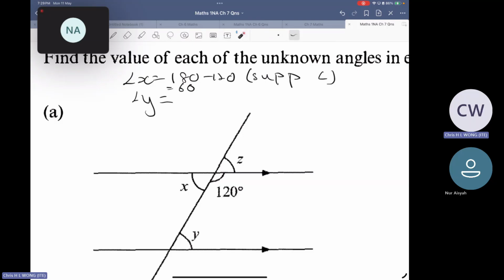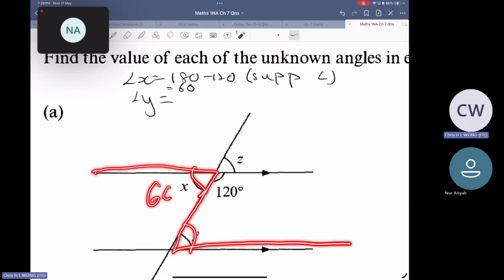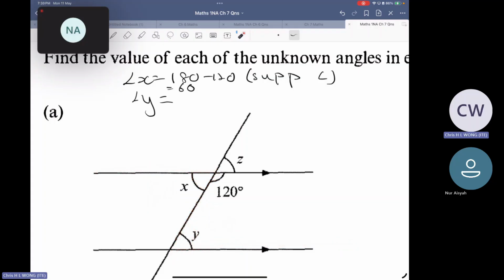Can you see Y? These two are equal. If this is 60, Y is also 60, right? Reason? Alternate angle. I just say alternate angle. No need for more, alternate angle will do.